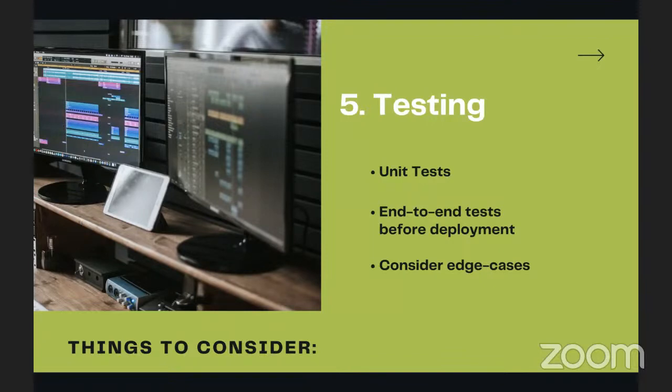So we have things called unit tests. We usually use those to test our code to make sure that the code that we are writing is really good and doesn't introduce any bugs, hence making sure that the app is deployed successfully to our users.